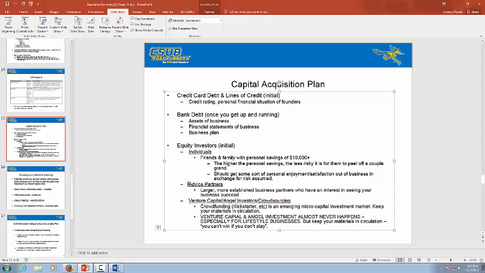So angel investors are wealthy individuals who invest in small businesses. There's a number of different angel investing groups around California. The closest one to here is called Tech Coast Angels. It's based out of Los Angeles.